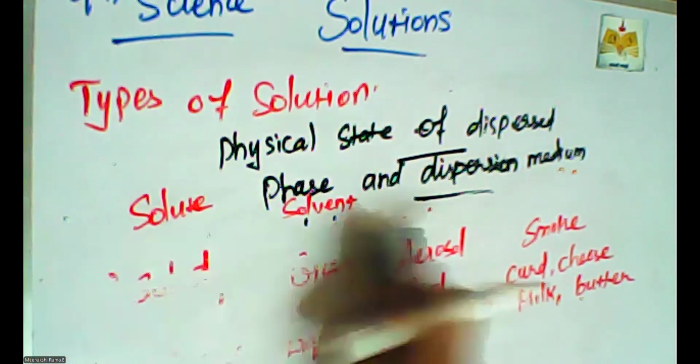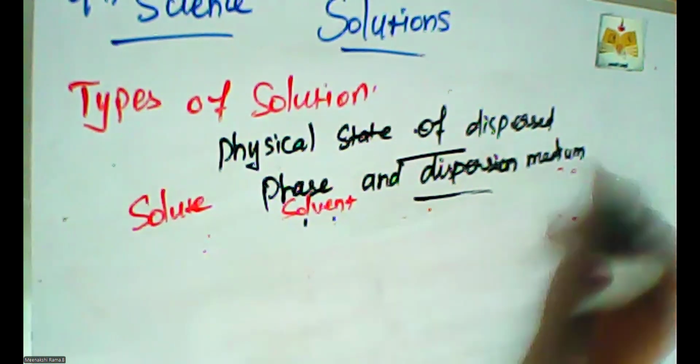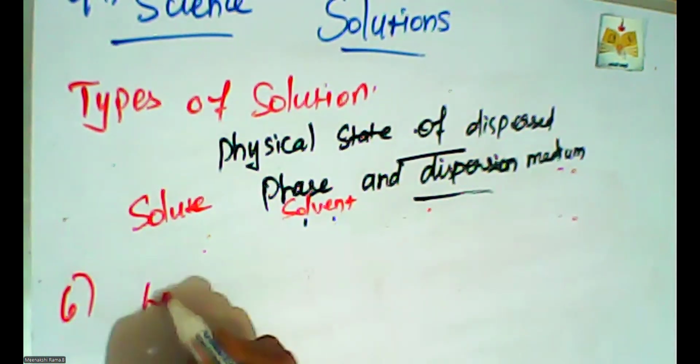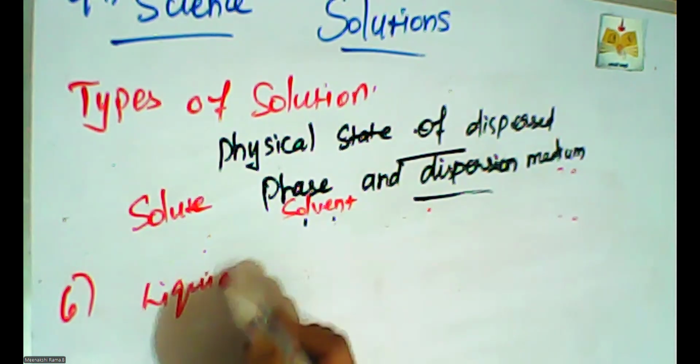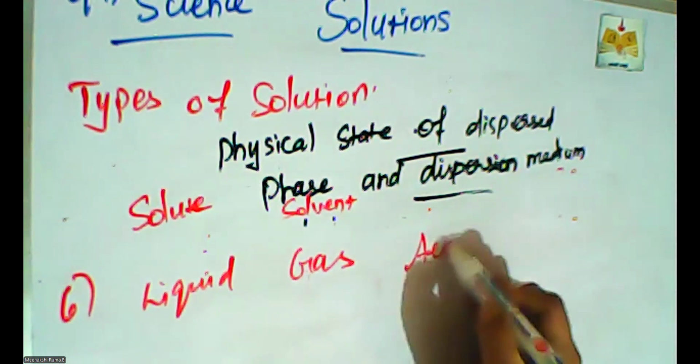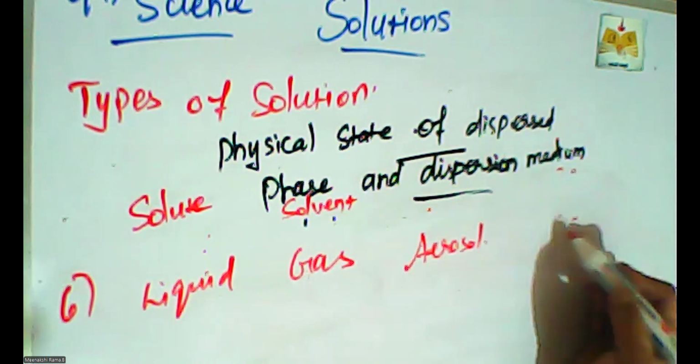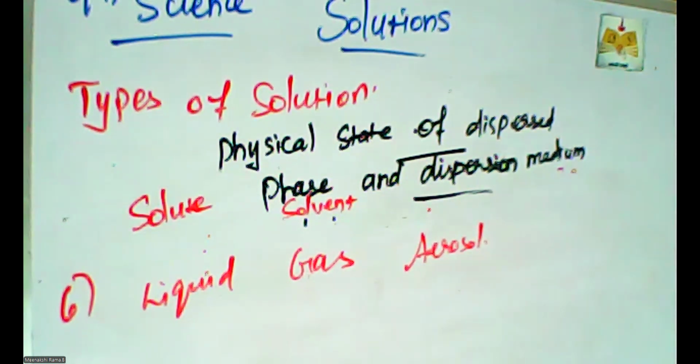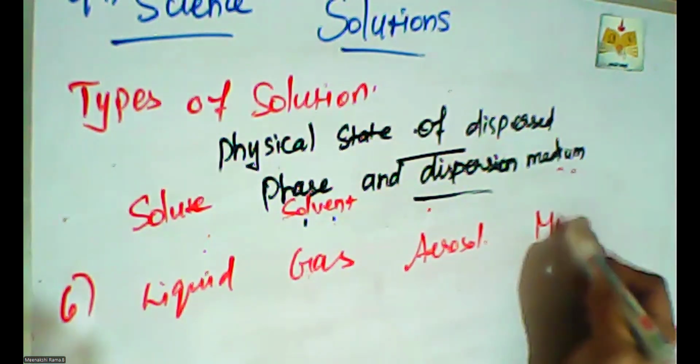And next, the sixth one, liquid and gas. Liquid and gas is also called aerosol. The example is mist.